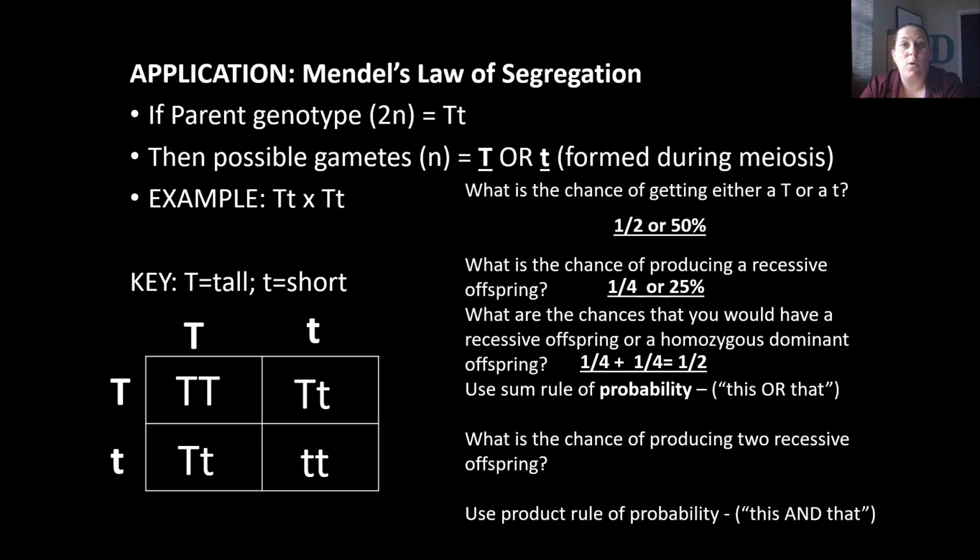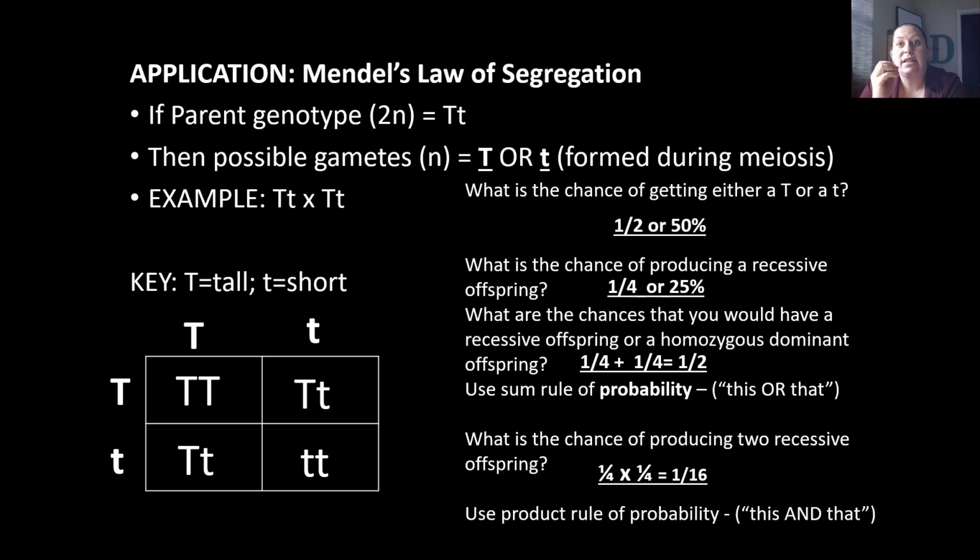Every time it's 1 out of 4. So now I got to do 1/4 times 1/4. When I do 1/4 times 1/4, what's 1 times 1? 1. And what's 4 times 4? 16. There is a 1 out of 16 chance that both of the offspring that the plant has are going to be short or recessive in this case.